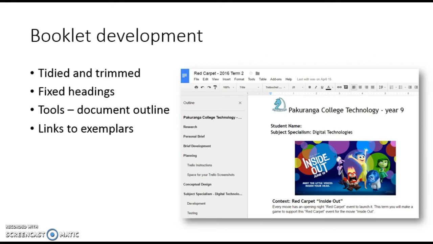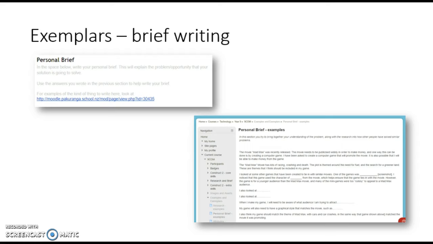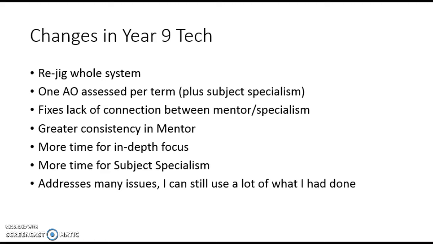I did a reasonable amount of exemplars on Moodle, particularly about what good brief development writing would look like and what good conceptual designs would look like. I felt that was something that we had lacked in the past.